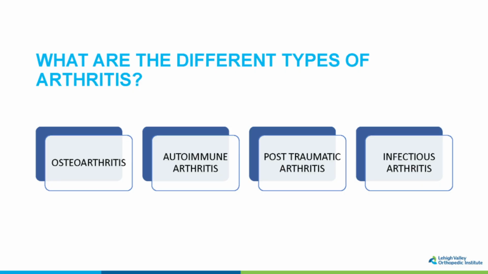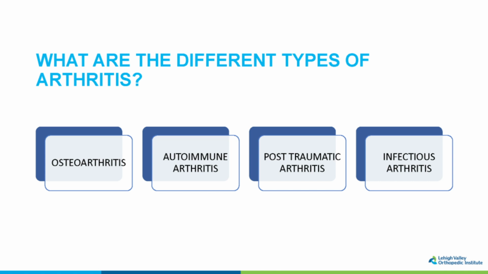Autoimmune arthritis, oftentimes associated with rheumatoid arthritis, is more of an autoimmune inflammatory process that causes the tissues around the joints to become inflamed. Over time, that inflammatory process starts to erode the articular surface. It's a little bit of a different pathology than osteoarthritis, but it's treated very, very similarly.